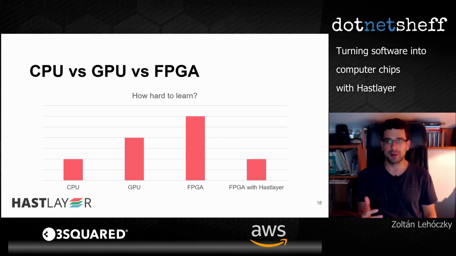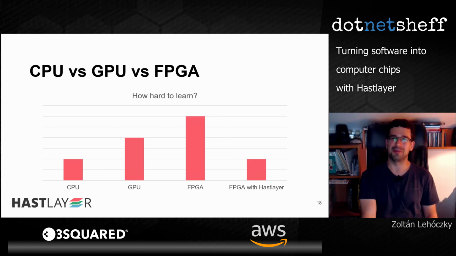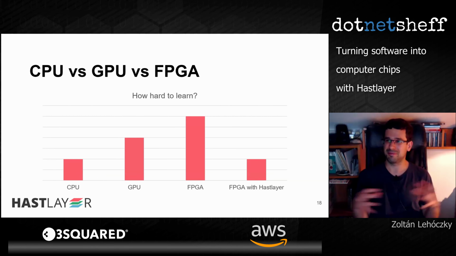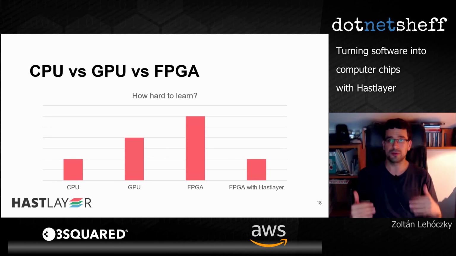It's super low level. If you thought that assembly is low level, well, this is at least 2 levels lower, or even 3, because it's not CPU instructions, it's not machine code, it's not microcodes, it's just the bare metal. But with tools like Hastlayer, we intend to bring this complexity down to the software development level.